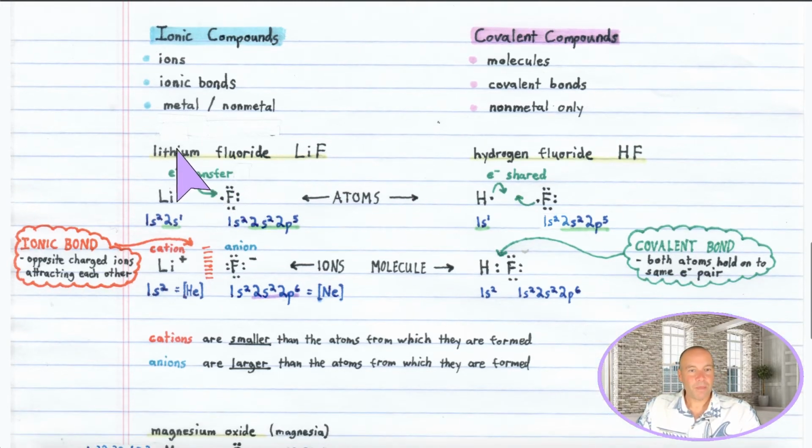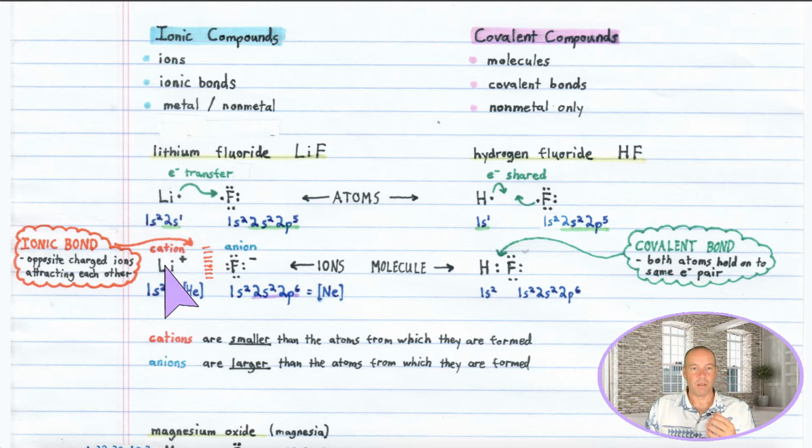Well, one thing we also mentioned in our previous lecture is that cations are a little bit smaller than the atoms from which they are formed. So a lithium atom, after it loses its electron, that nucleus is able to draw in the electron cloud even closer.